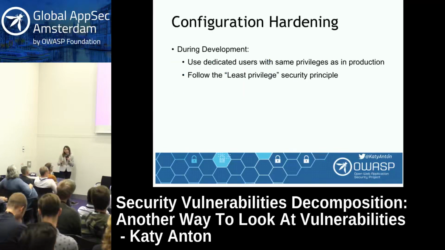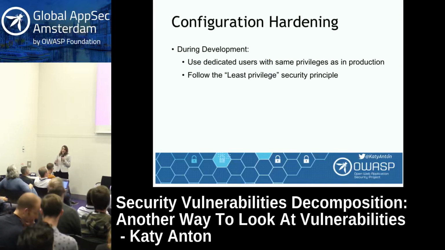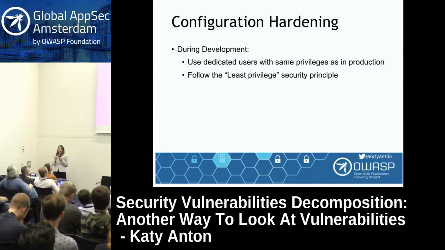Now, during development, ideally you, as a developer, would use the same users as in production. For example, the database user used in the development environment should have the same permissions as in the production connection.